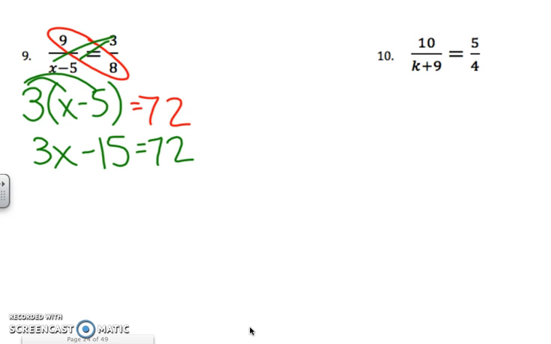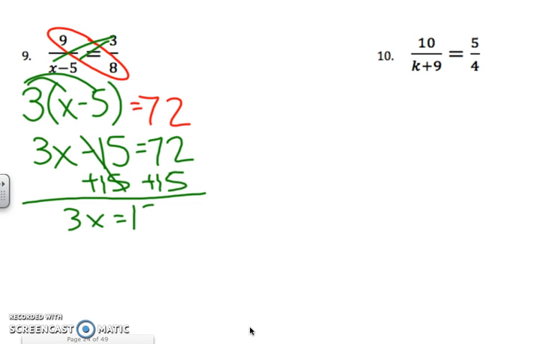I'm going to add 15 to both sides. 3x is going to equal 72 plus 15. It's not 153. I messed up. Let me get a calculator or do it in my head. That would be 87, divide by 3, divide by 3.